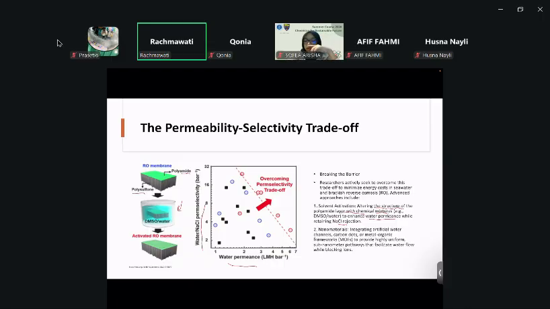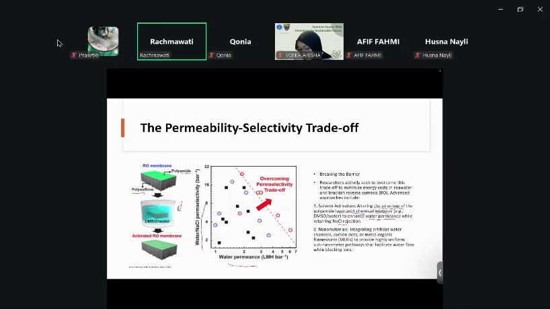But anyway, the second approach could be using nanomaterials. You think, okay, I want to increase the selectivity, so somehow I want to hinder the flux. I want to make it more selective. So okay, let's make the pore smaller. So what should I use? I'm thinking about nanomaterials.